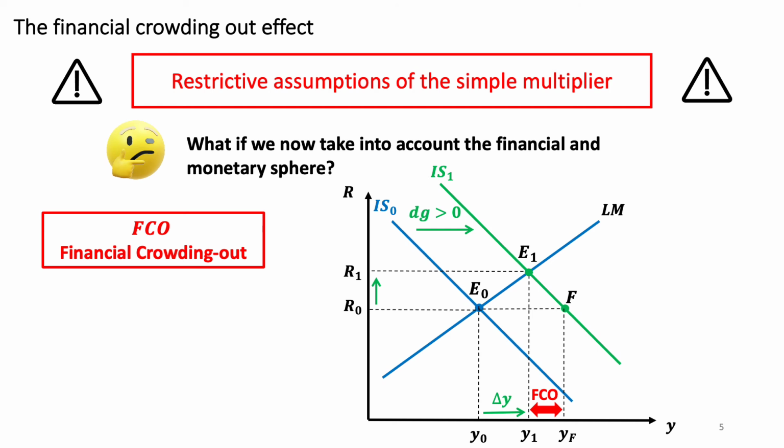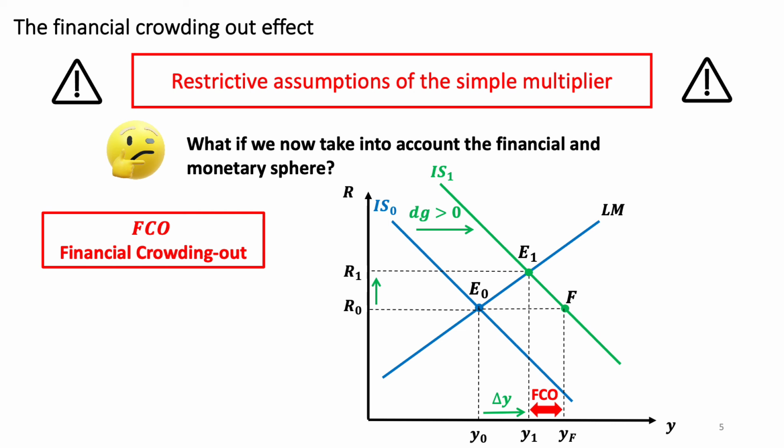This is what we call the financial crowding out effect. Simply put, this effect means that if an increase in public spending is financed through borrowing, it will increase the interest rate and prevent private companies from accessing loanable funds.